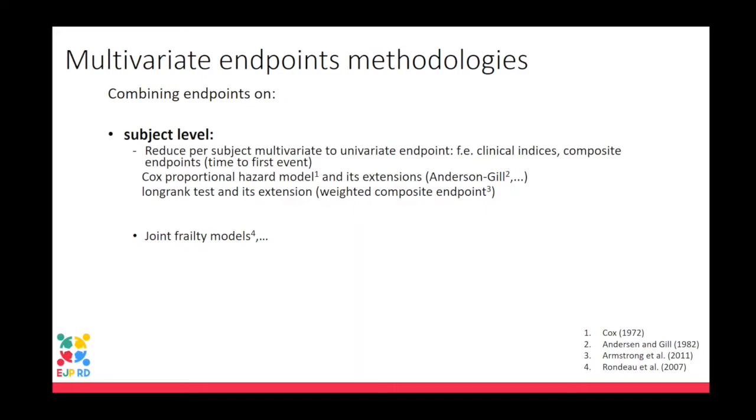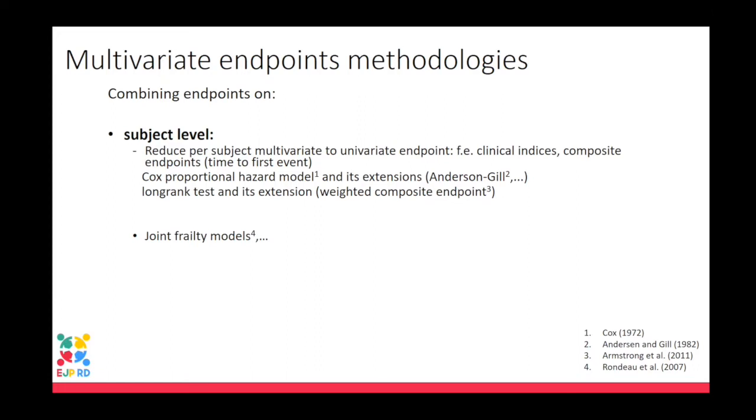Now, the downside of that is that each weight is counting much less than 1. And in fact, we've seen that the power of this test is quite low, so it may not be a very interesting way to go forward. This is one way to combine multivariate outcomes on a subject level.